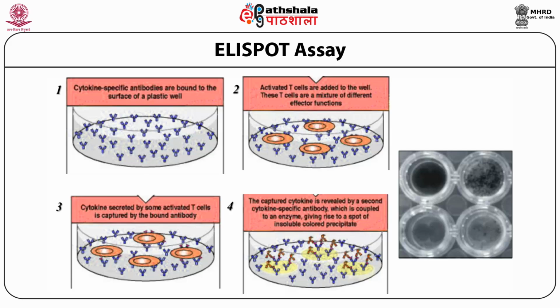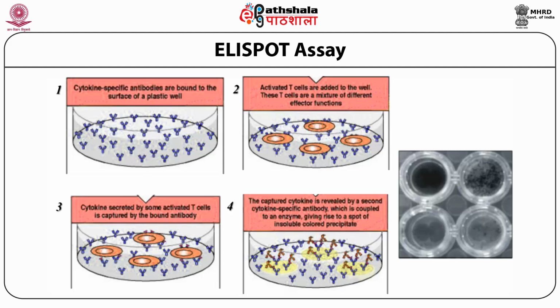The assay is so named because it is essentially based upon the ELISA principle and counts the colored spots produced in case of a positive identification. As we can see, the plate is coated with the antigen for characterizing B cells or an antibody against the cytokine for characterizing T cells. The lymphocytes are placed on top of this.